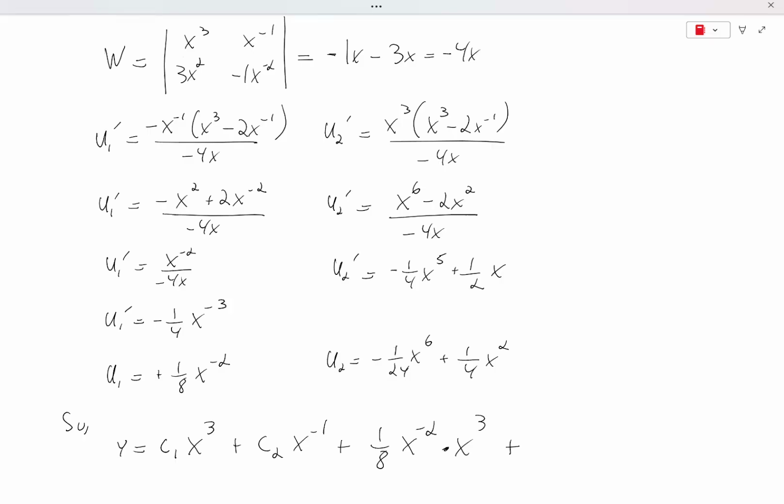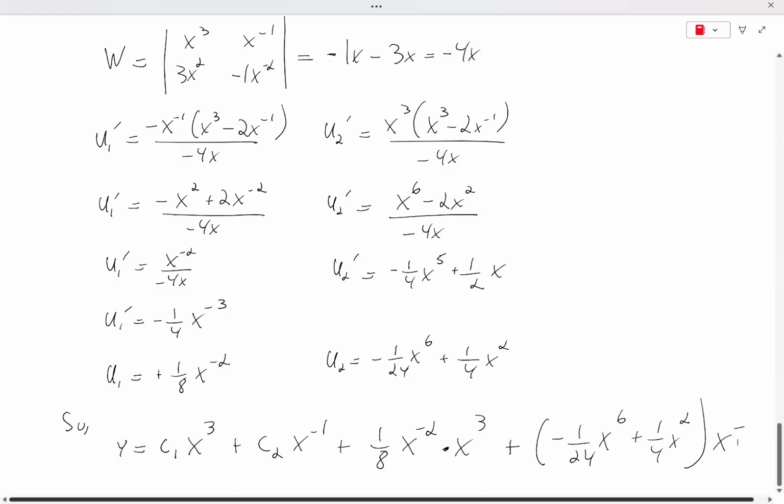Maybe I should simplify it first before I write it all here. I don't know. Plus, and then the other one would be negative 1/24 x to the sixth plus 1/4 x squared, times x to the negative first. Like that.